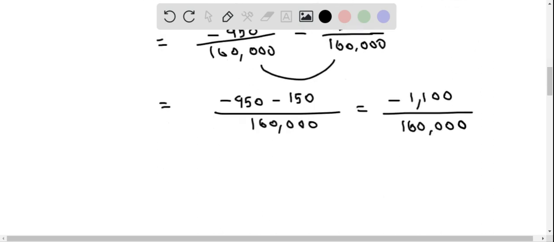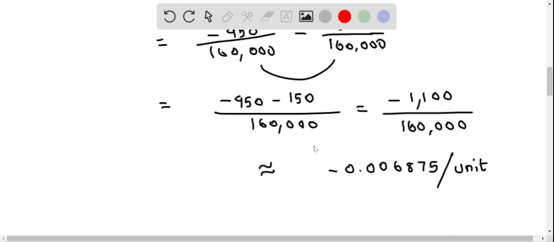We can now plug this into the calculator, and when we do that, we approximately get negative 0.006875, and its unit is in dollars. This is per unit, or per jacket. So we have to put this unit in dollars.